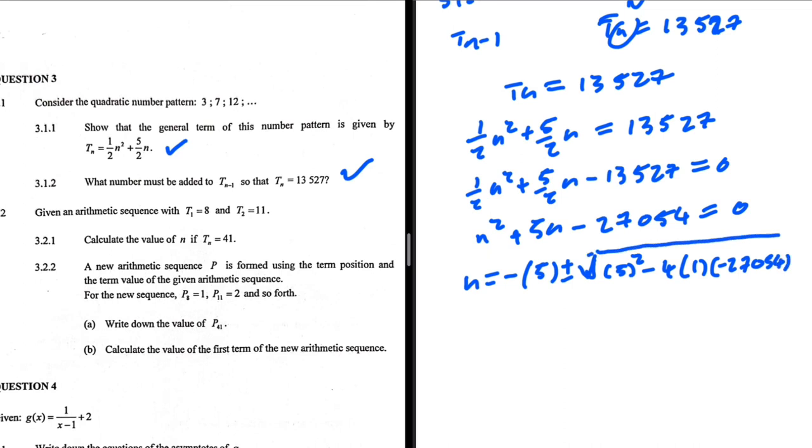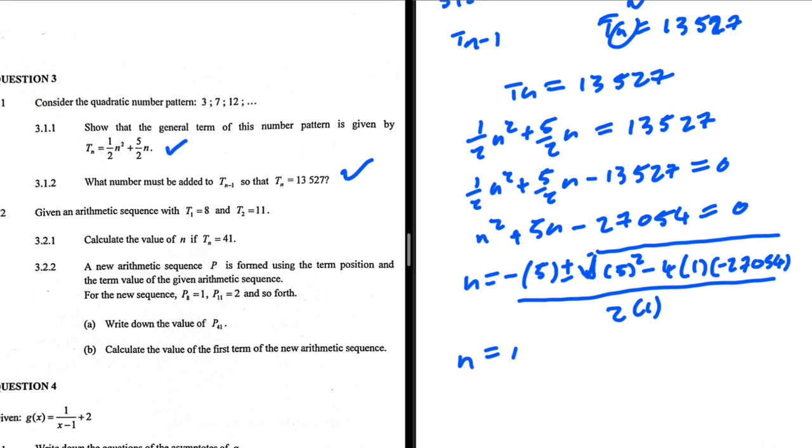Alright, everything divided by 2a. A is 1. So let me go ahead and put this in my calculator. Minus 5 plus the square root of 5 squared minus 4, a is 1, c is minus 27,054, divided by 2 multiplied by 1.